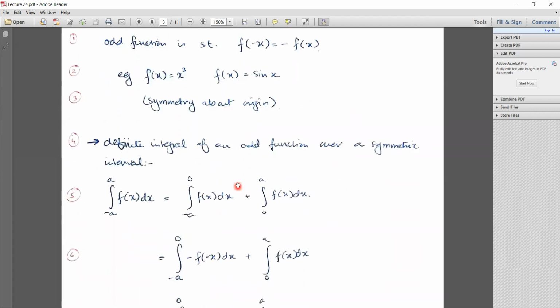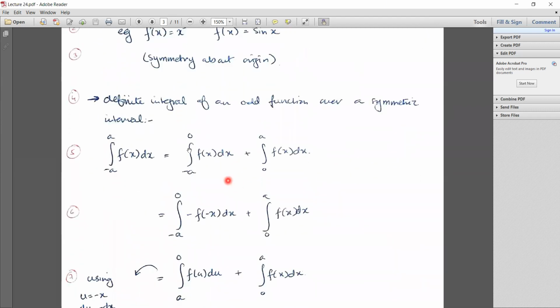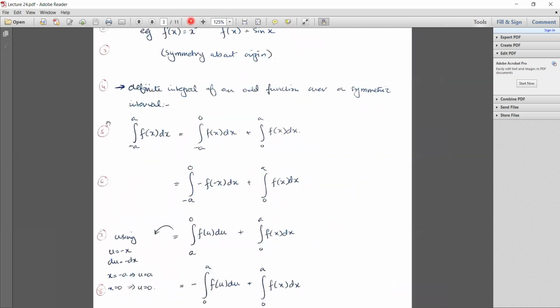All right. So we can actually prove this based on the definition of an odd function. Now, the integral from minus a to a of f of x dx, I can break it into two integrals, from minus a to 0 and from 0 to a, right? Now, remember the definition of an odd function is that f of negative x is negative f of x, right?